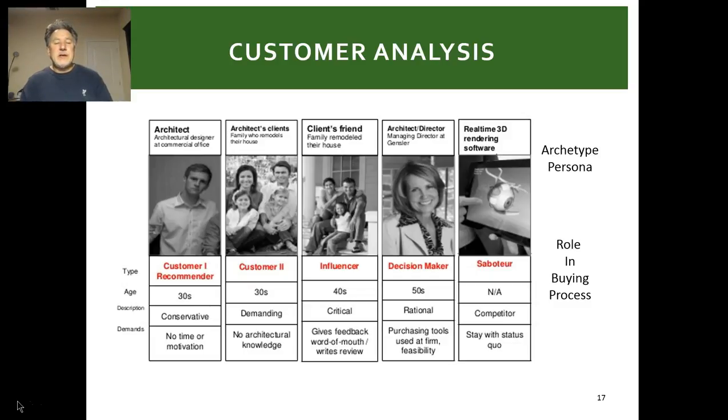Well, in this example, you may have several different customers. You may have somebody who is actually buying the product, and someone benefiting from the product, but you may have a decision maker. You may have someone who has influenced the process. You may have recommenders. You may have somebody who is detracting.